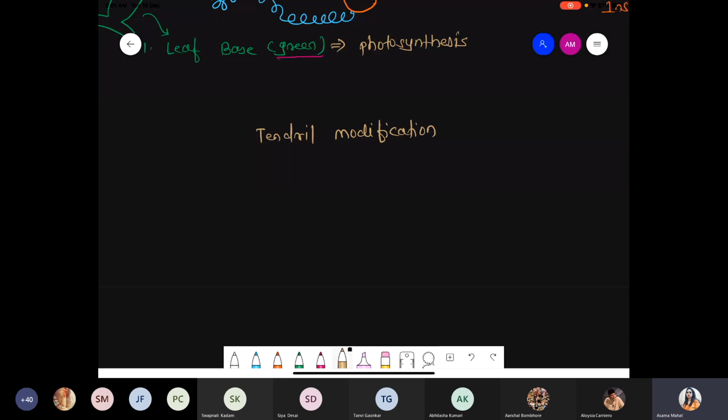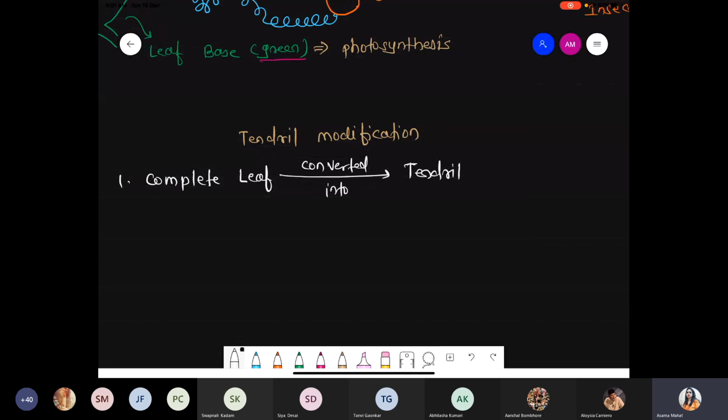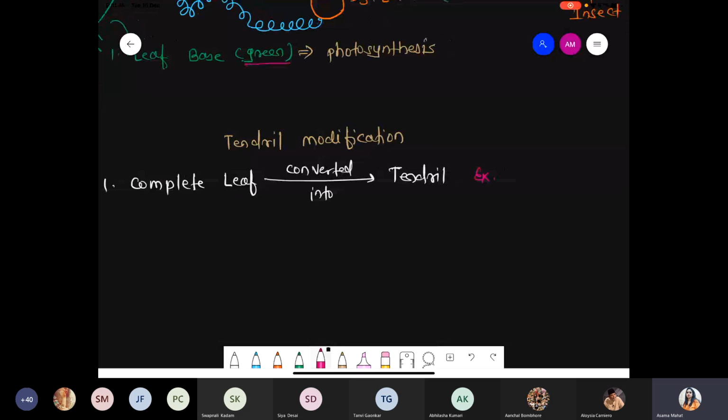In the case of the tendril, first of all, the complete leaf is converted into tendril. That is the first condition, and it is very common in Lathyrus. We will see Lathyrus again when we talk about Mendel.